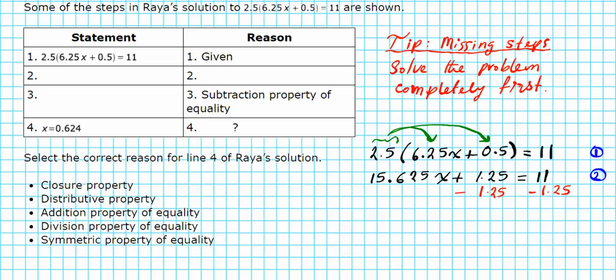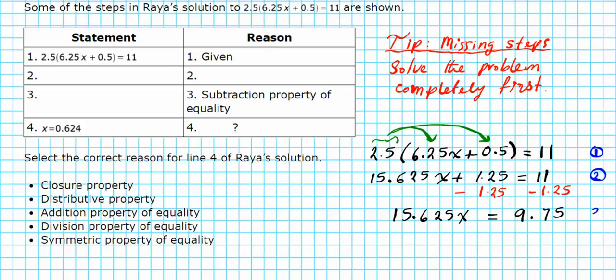And then if we carry out that subtraction, we'll end up with 15.625x equals, if you subtract this 2, you would end up with 9.75. Okay, so this is step 3.